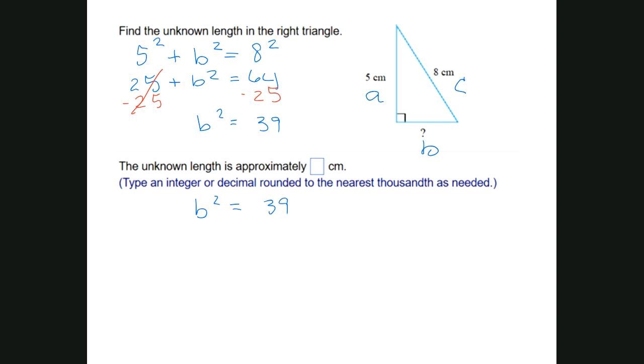Now that we have b squared isolated, we're going to perform the square root property, which is taking the square root of both sides, adding a plus or minus sign in front of the square root of 39.